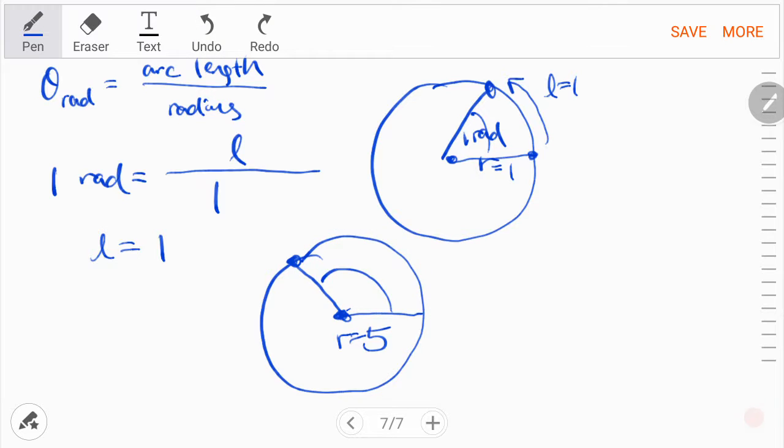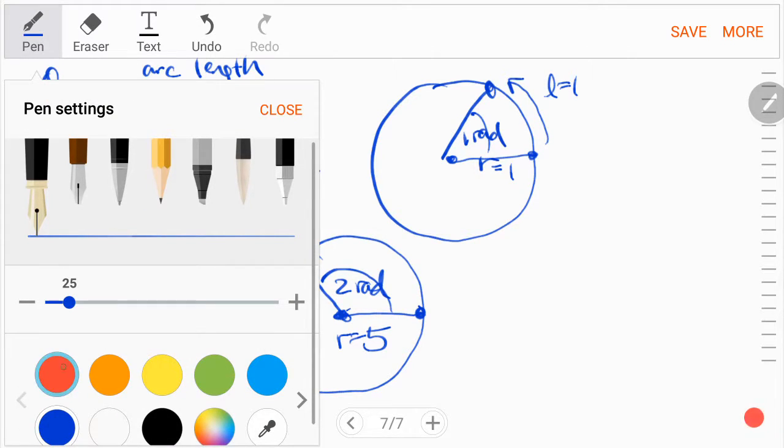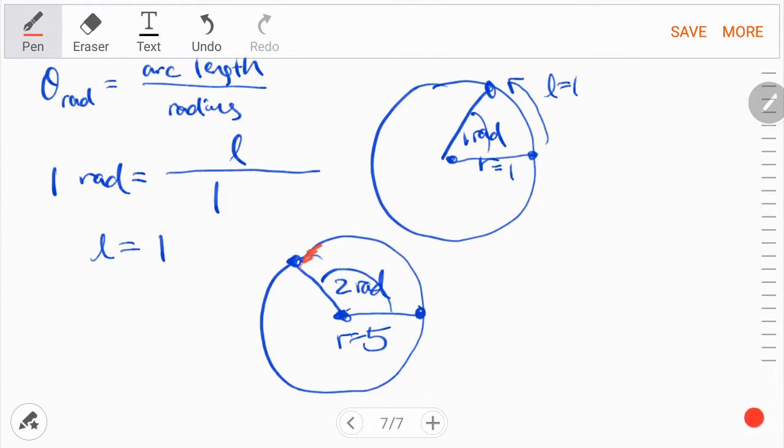By doing so, the angle that I have here is 2 radians. And I want you to find the distance, let me change the color, this distance that I have just covered, in other words, my arc length. So how do I do that?